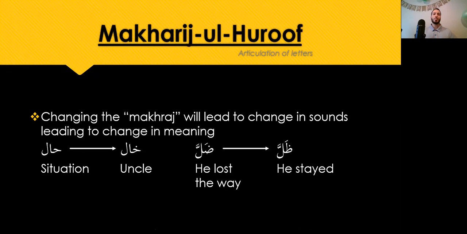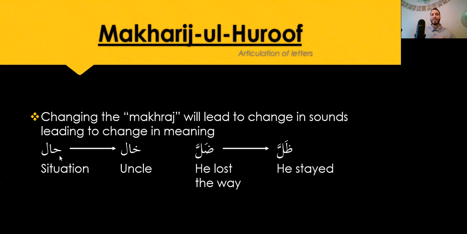A quick example: if I'm trying to say hal, a lot of non-Arabs find ha difficult to say, so they say kha. So instead of saying alhamdulillahi, they say alkhamdulillahi. In that case, if I say khal instead of hal, the meaning changes.